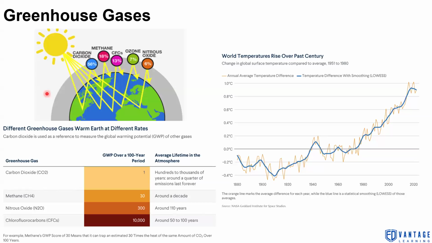So on the bottom, you can see one good table showing CO2, methane, nitrous oxide, and CFCs with a global warming potential over a 100-year period. It is very clear here that CO2 is not having that much potential for warming the Earth's surface, but it's because of 100 years of emissions that are happening since a lot of years, and that is why currently we need to look at it very seriously.